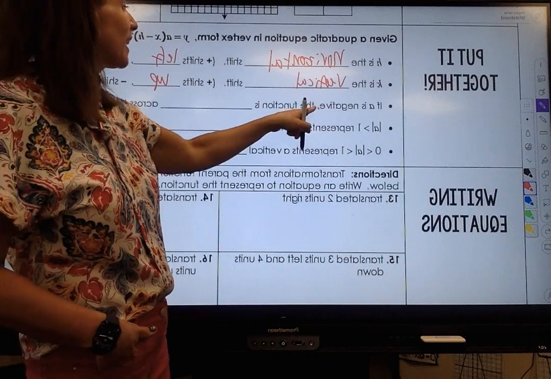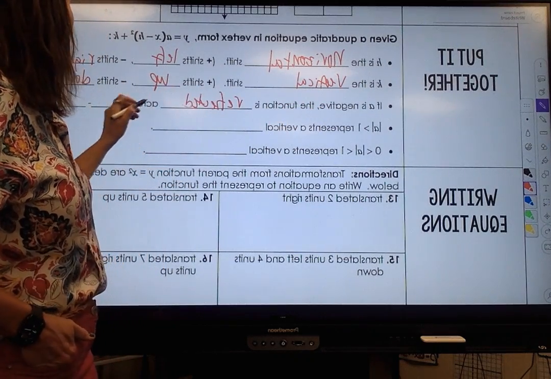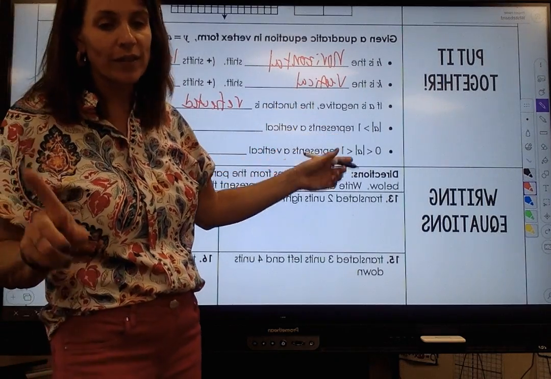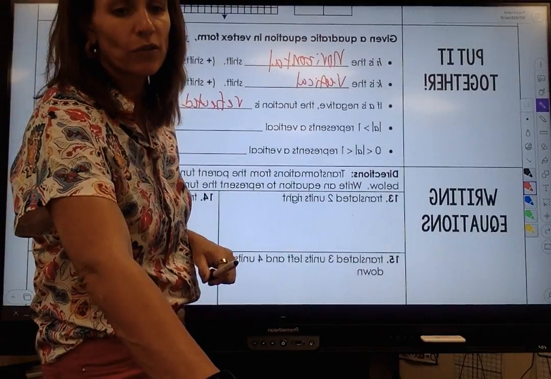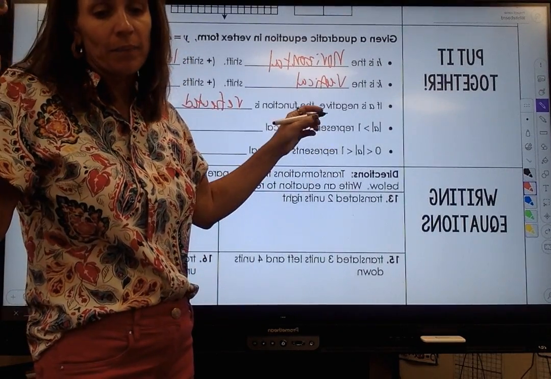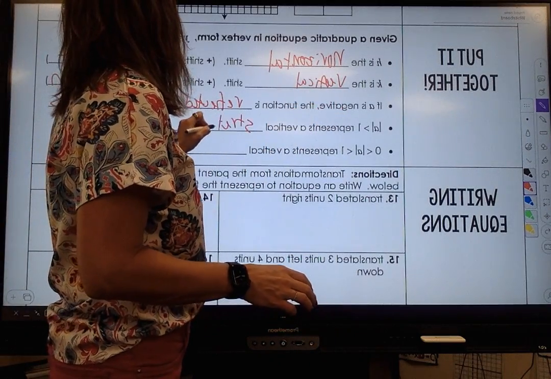If A is negative, the function is reflected across the x-axis. And if A, okay, this is the one that we didn't do because you don't have to do this one by hand. But when A value is greater than 1, it represents a stretch.